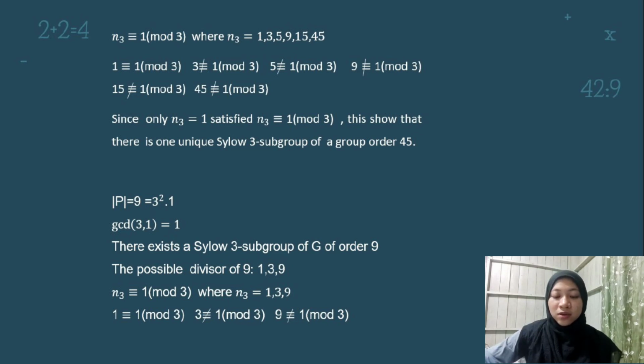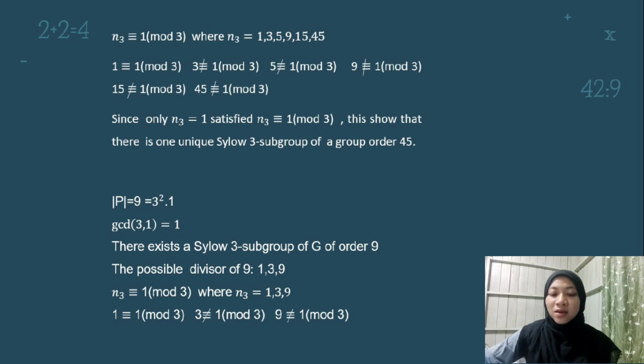Okay, so we check one by one. 1 is congruent to 1 mod 3 because when 1 is divided by 3, we get remainder 1, and 1 divided by 3 also gives remainder 1. For 3, it is not congruent to 1 mod 3 because when 3 is divided by 3, we get remainder 0, but when 1 is divided by 3, the remainder is 1.